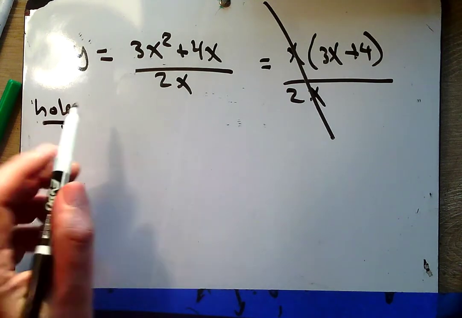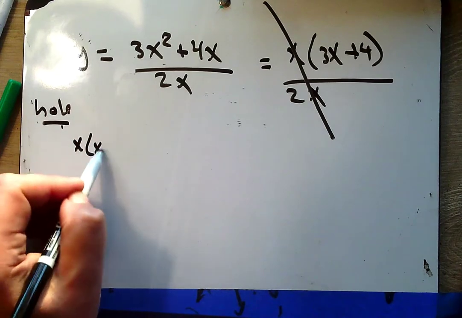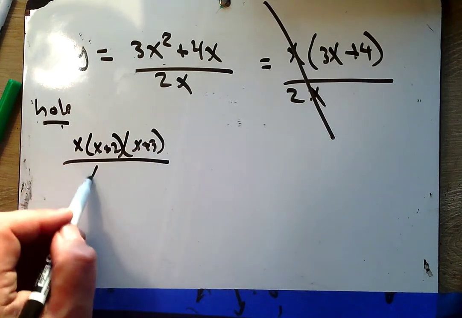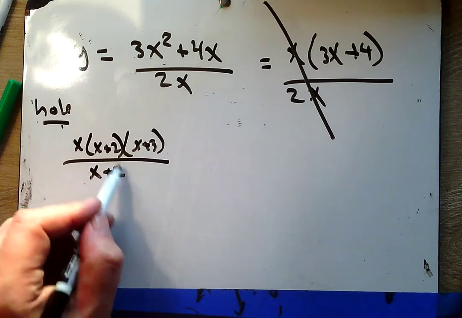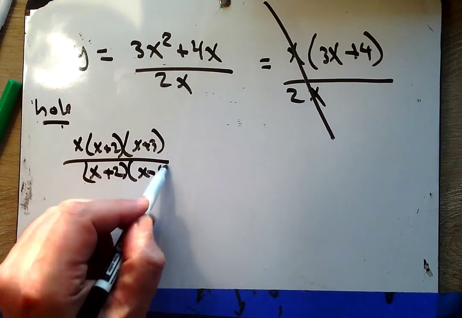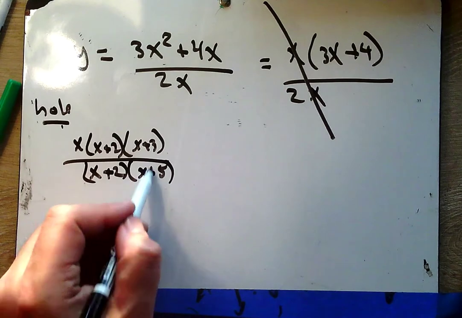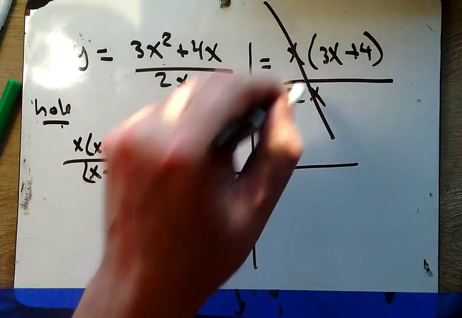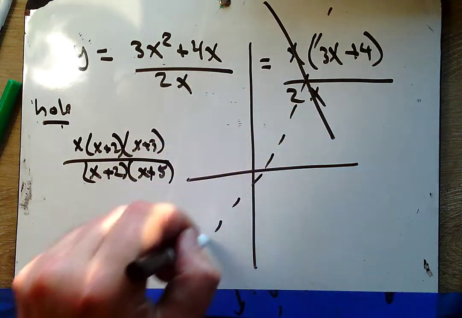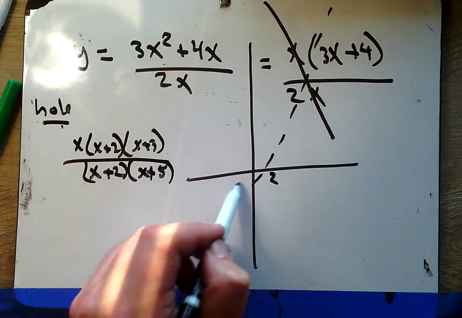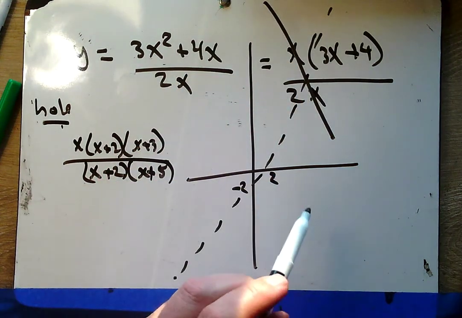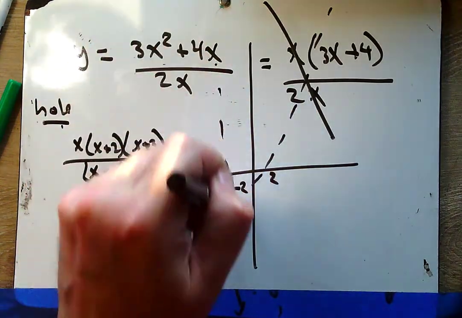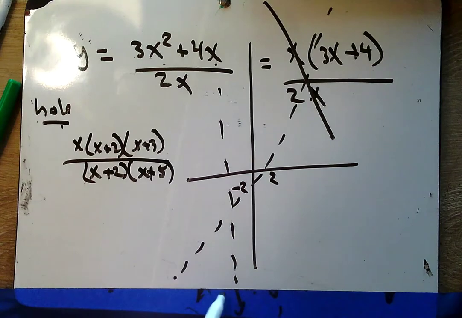We were doing that one, and we said x plus 2, x plus 3 over x plus 2, x plus 5. So we went like this, 2, -2. We had slant asymptote, we had vertical asymptote, -5.